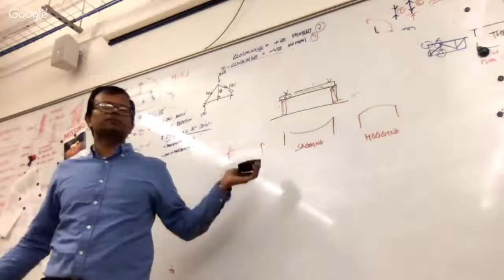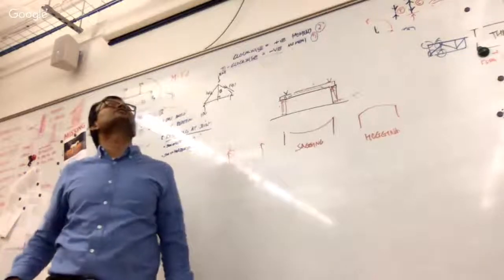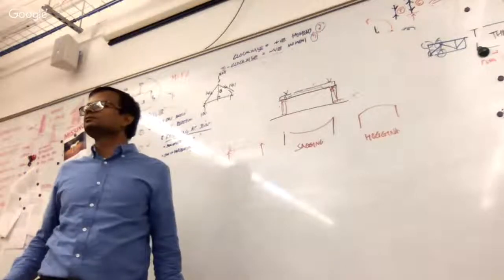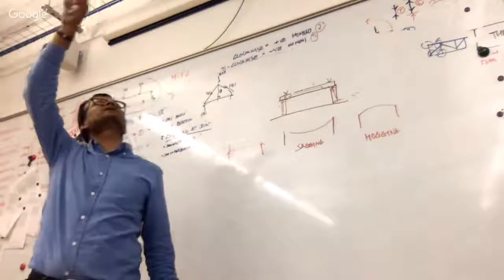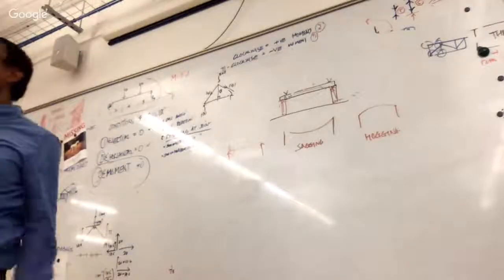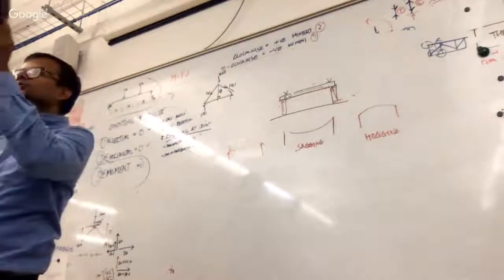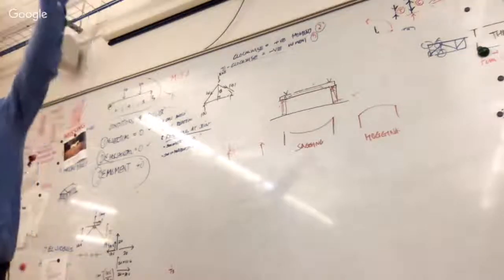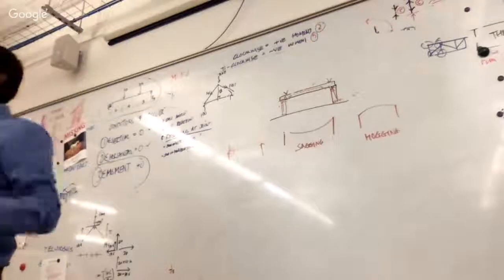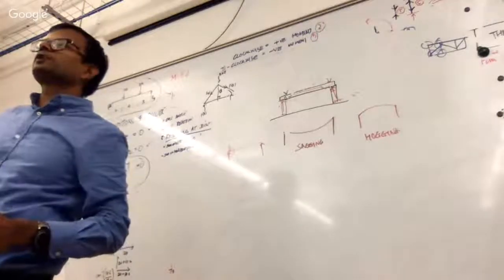Can you think of an example like this in your houses where shear might happen? Yeah. Look up. Do you see shear happening anywhere out here? See that beam? Right there. Whenever beams meet columns, there's a lot of shear happening, which is why you put straps around.